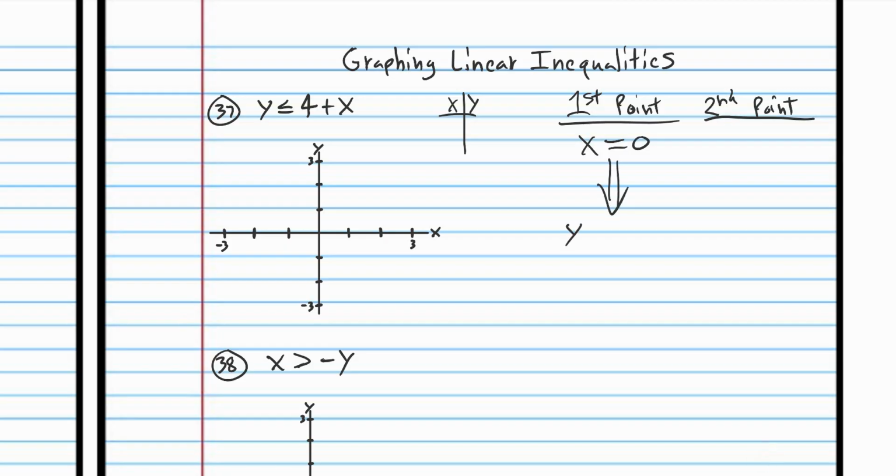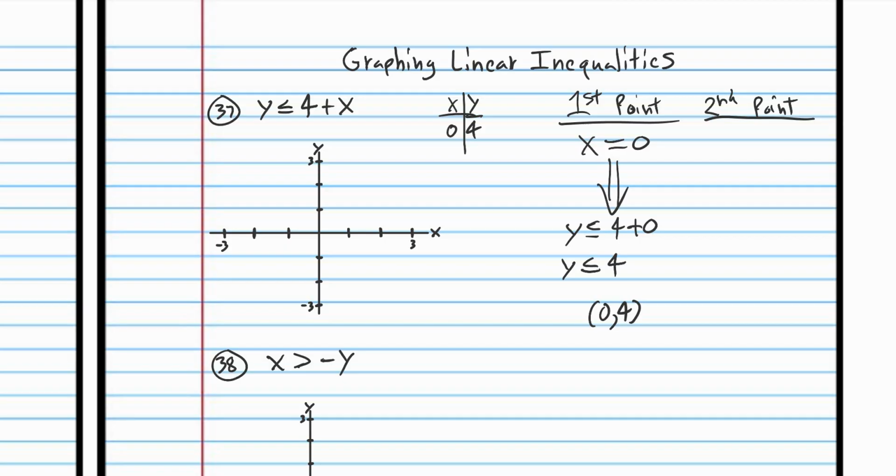So y is less than or equal to 4 plus 0, because we chose 0 for x. Therefore, y is equal to 4. We can just consider y equal to 4. So the point is 0, 4. So we're going to go ahead and plot that point.